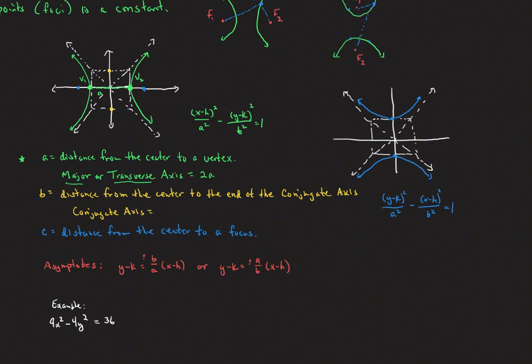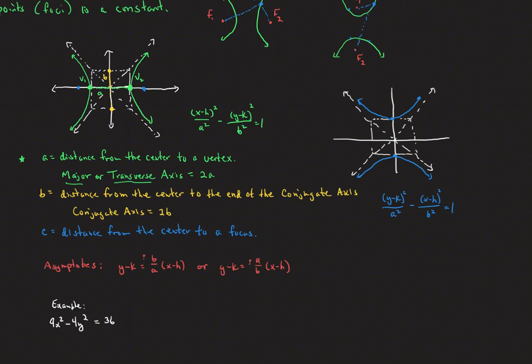So this distance from the center to the endpoint of the conjugate axis, that distance is b. So the segment that joins the two endpoints of the conjugate axis is always going to be a length of 2b, much like what we saw with the minor axis in an ellipse.